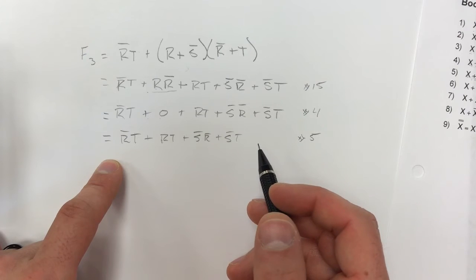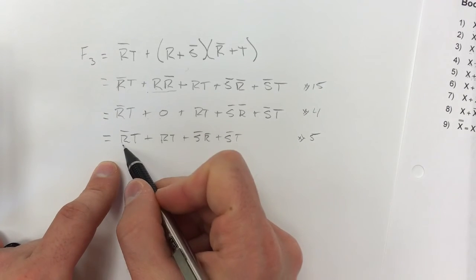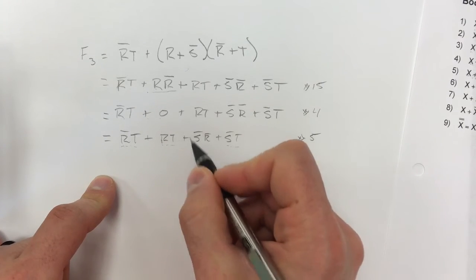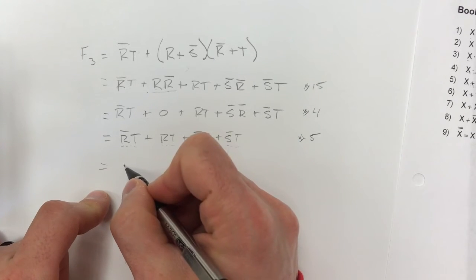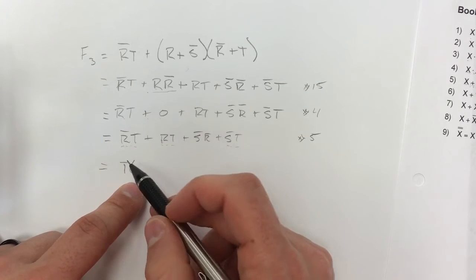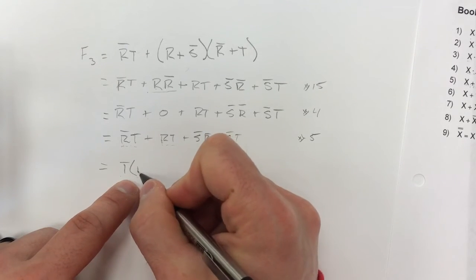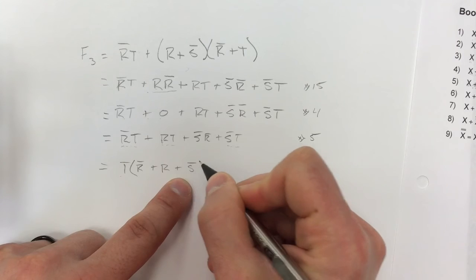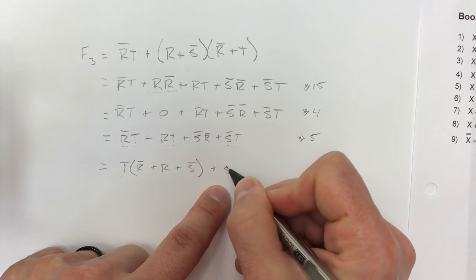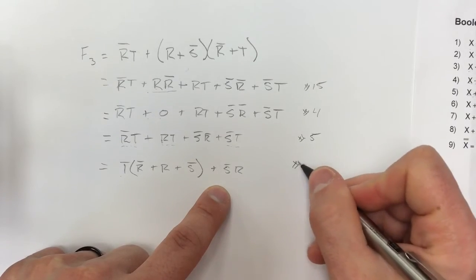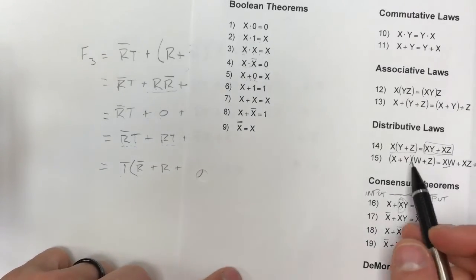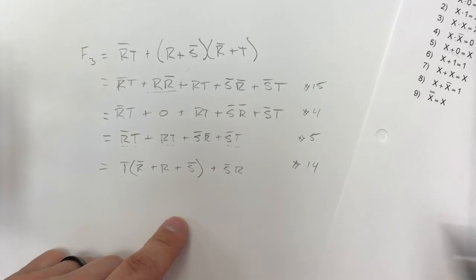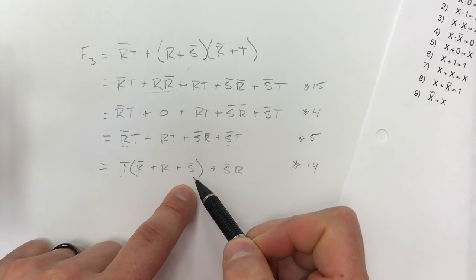How about a T, because this one has a T, this one has a T, and this one has a T. This one we're going to leave alone, and so we can say T multiplied by the terms that have a T in them: R naught or R or S naught, and we close that, and then we say or S naught R. We use theorem number 14 for that, because 14 is X multiplied by a quantity of other inputs.